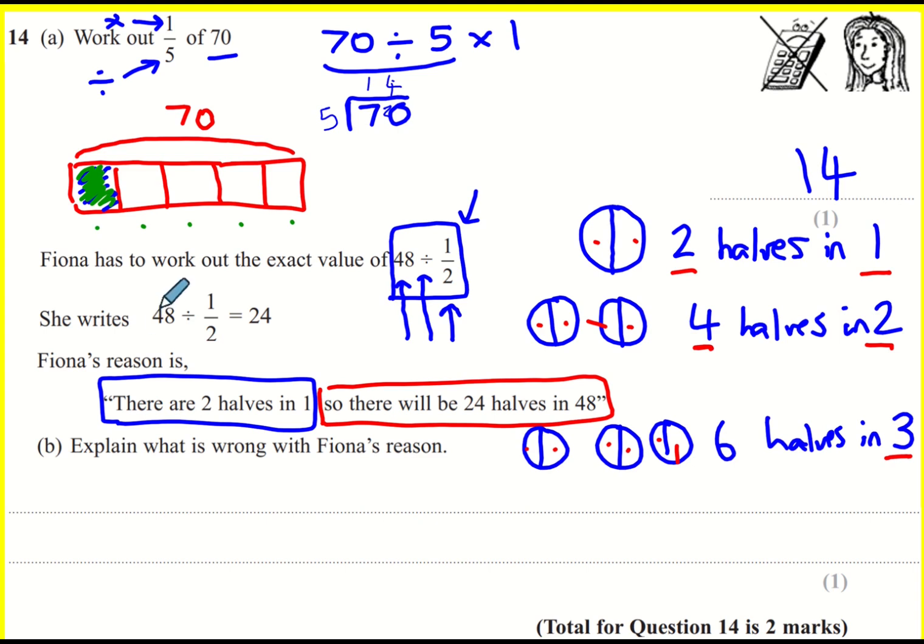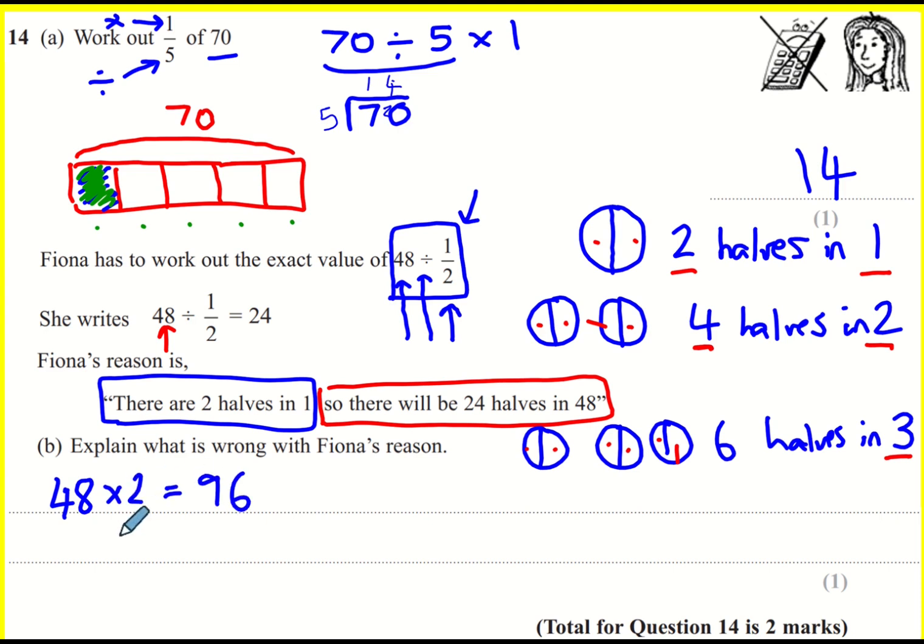So in 48, there will actually be double the number of halves. So you're actually doing 48 multiplied by 2. 48 multiplied by 2 is 96.